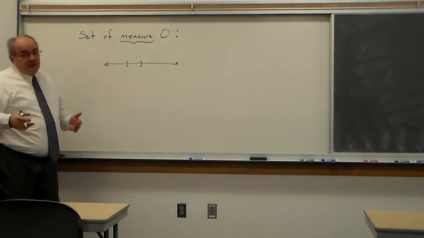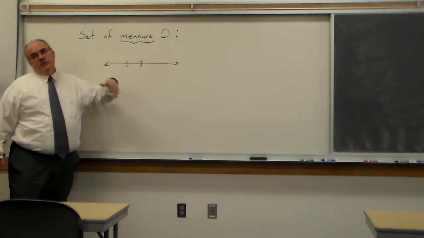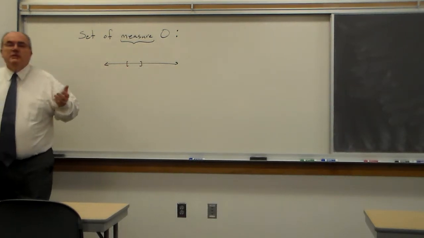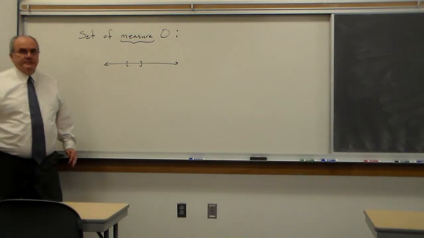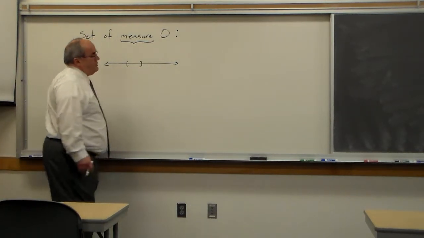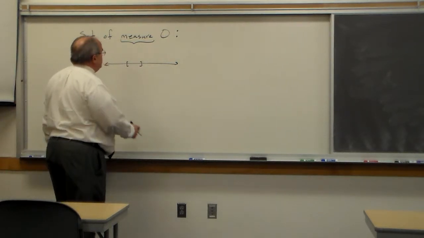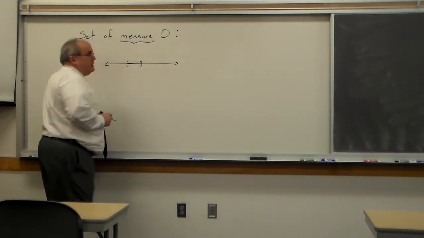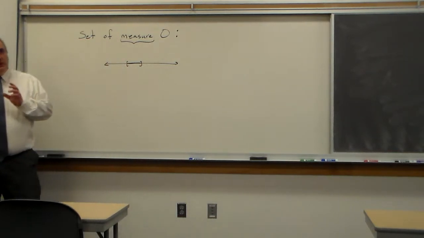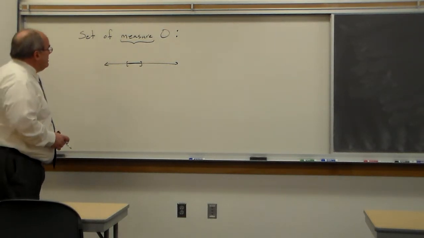Well, that's the whole idea. If we're in R1, then we're trying to define the length of this thing. If we're in R2, we're trying to define area. If we're in R3, we're trying to define volume, and so on. Beyond that, we still call them volumes, or hypervolumes if you want to be picky. But basically, an interval is what we really know how to measure, what we think we have a really good concept of measure about.